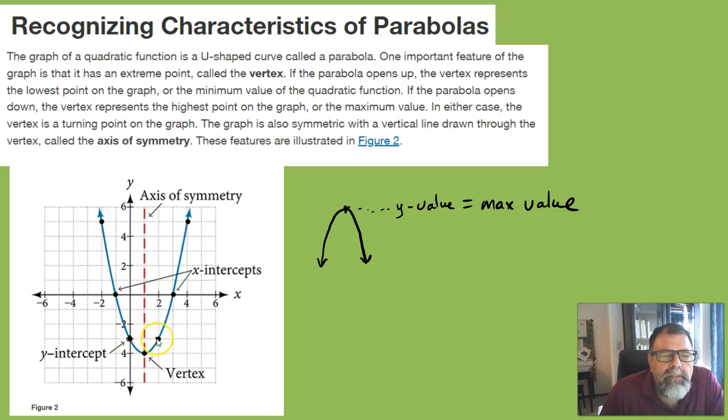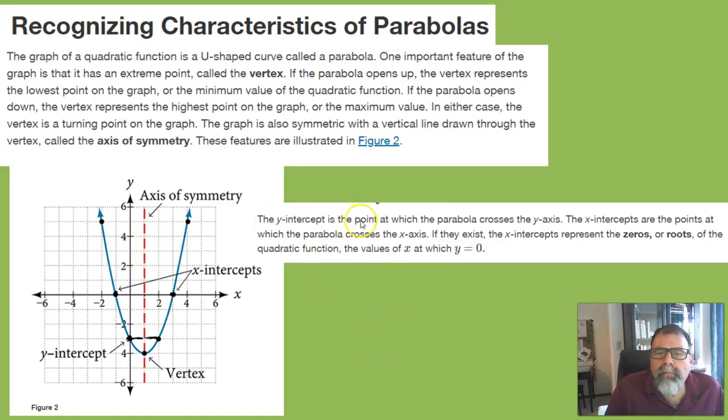If you see that's 1 unit across, you go 1 unit across on the other side, and that's the mirror image point. Look at the x-intercepts here. This is 2 units this way, and then 2 units to the left is the mirror image. If you had this graph on a piece of paper and folded it on the axis of symmetry, the 2 halves would match up.